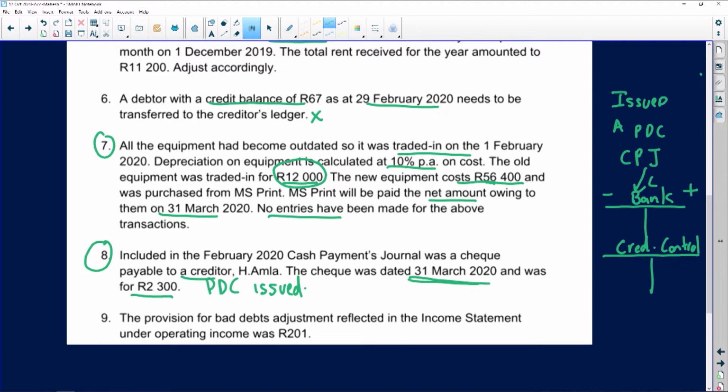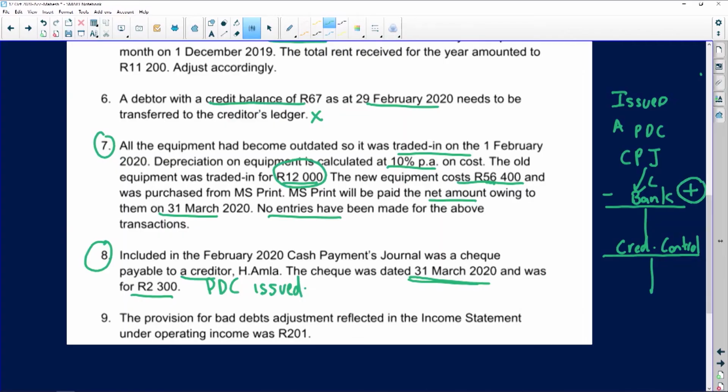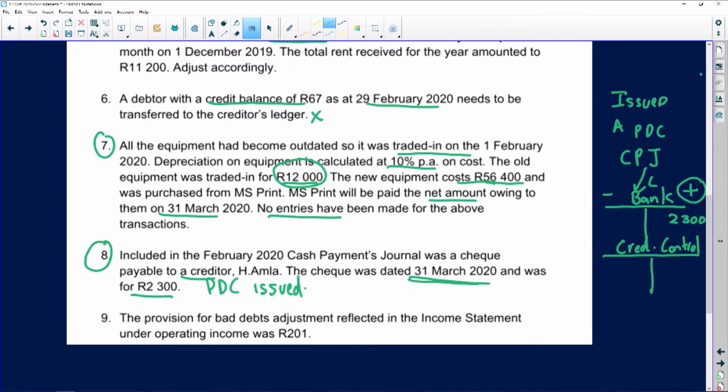So when we issued the check, our liability increased by 2,300. This entry was already made. We credited bank, so our bank overdraft increased by 2,300, and we decreased creditors control by 2,300 because we've made a payment to a creditor.